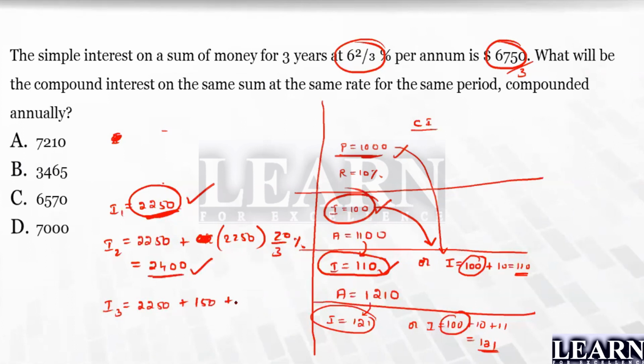Can you say it is 160? Is it clear? Yes, if you add this, can I say it is 2,560? Now look here, these are the interest at the end of each year. If you add them, check out what the sum is. 2,250 plus 2,400 gives 4,650, and again 2,560 gives 7,210.